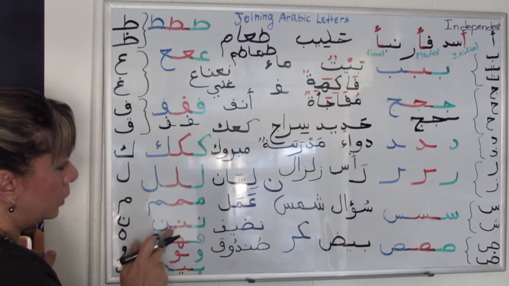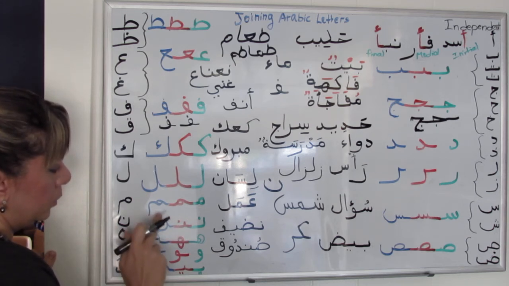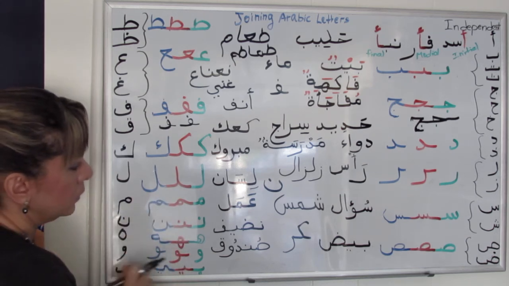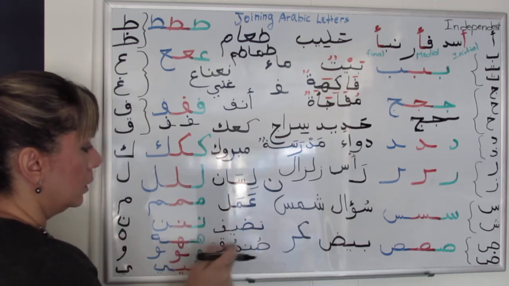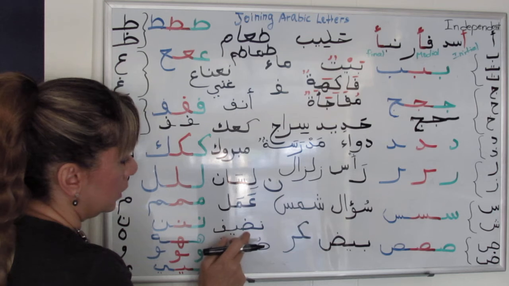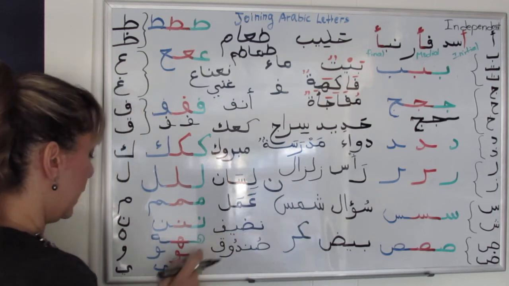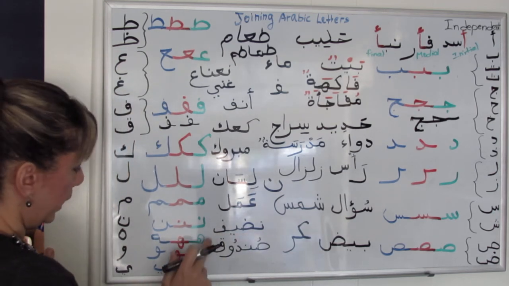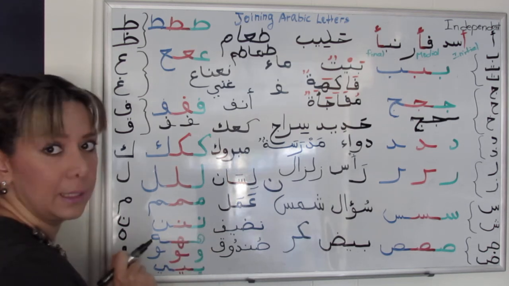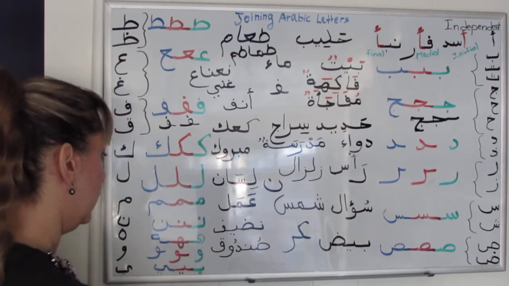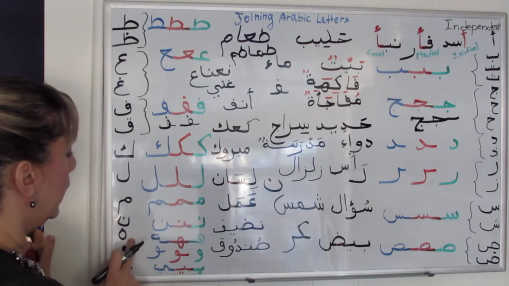And noon, we keep the whole fat belly. Nadif, we have noon in the beginning, dad in the middle, ya in the middle form, and fa in the end. Nadif, clean.